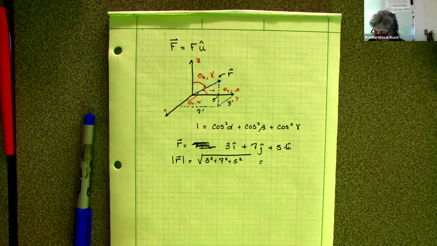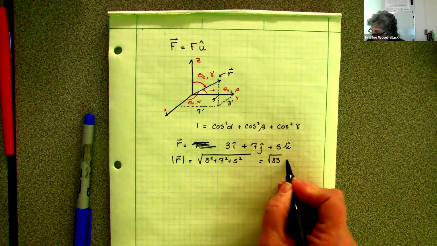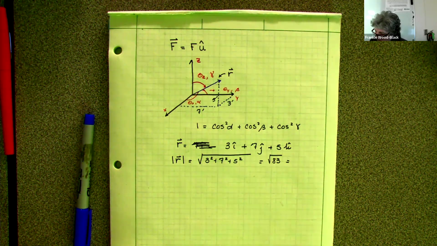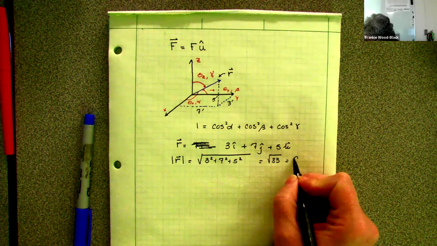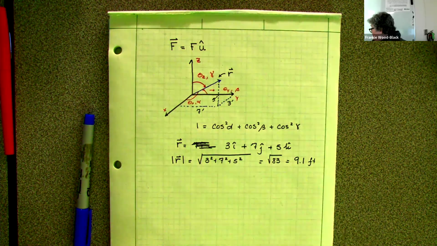It's the square root of 83, which gives me 9.1 feet, because that's what we're in.